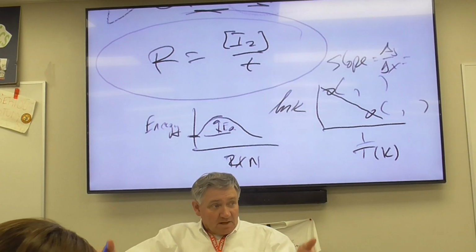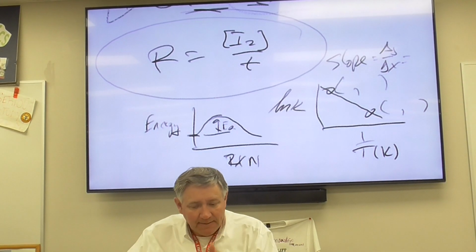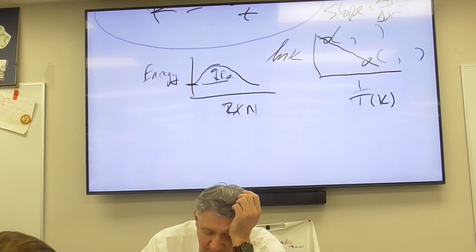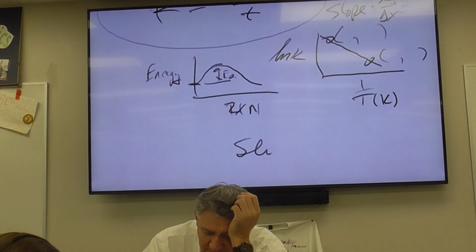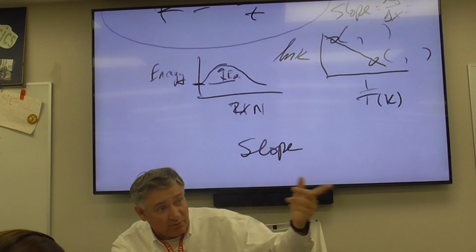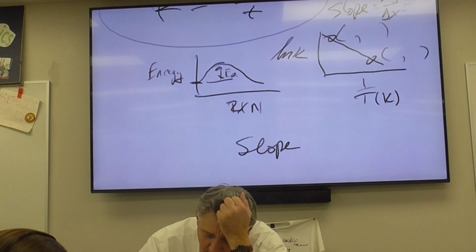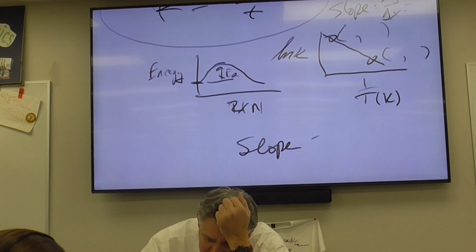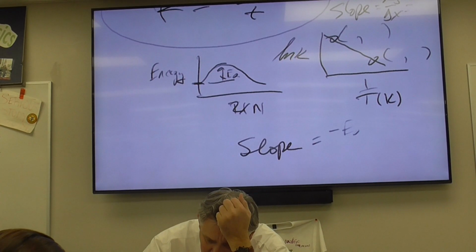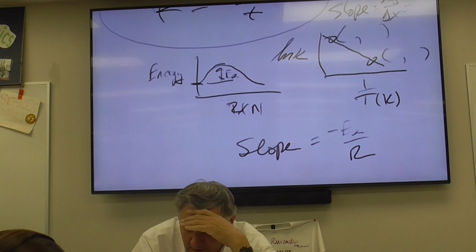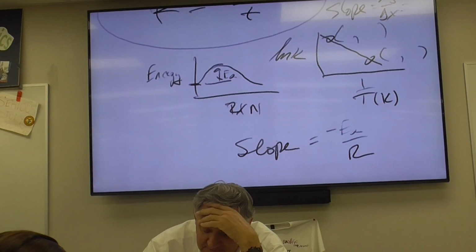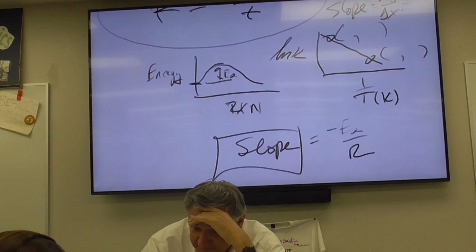So that's what you've got. Then you're going to go, oh, the slope, and this is the Arrhenius equation, which we'll talk about the broader equation today, comes from the idea that the slope equals negative E sub A over R, okay? So at this point, you have found the slope of the line.